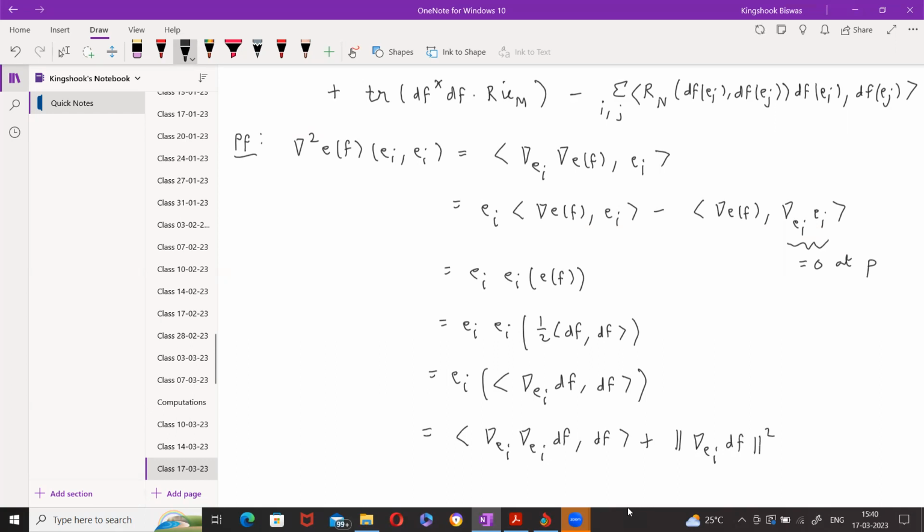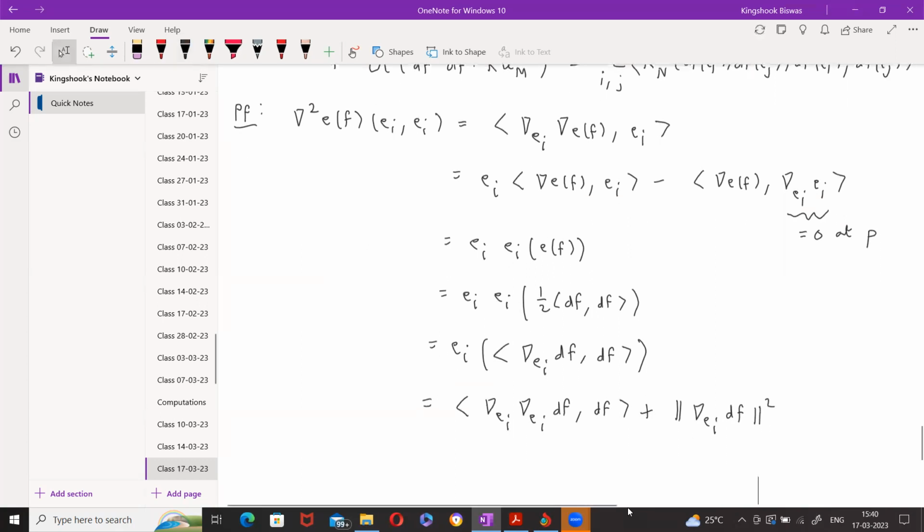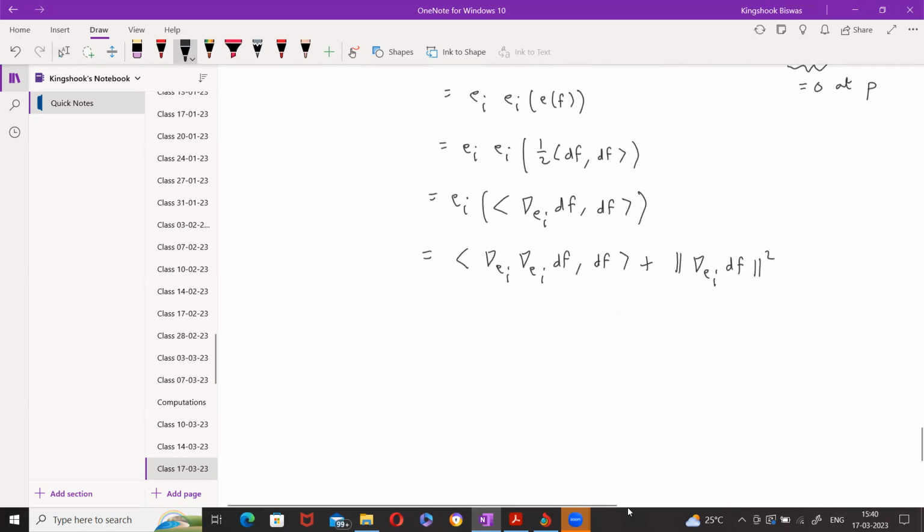So what is the Laplacian of the energy density? It's the trace of the Hessian, so the sum over i of the Hessian of e(f) acting on e_i, e_i.